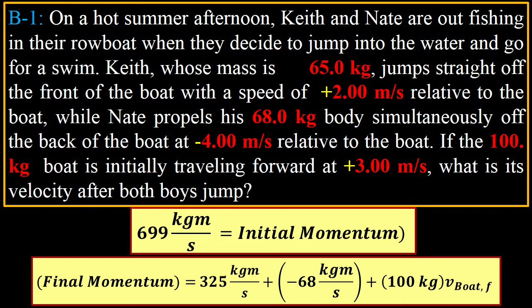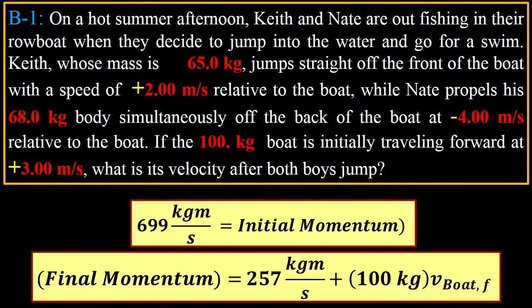And then ultimately we're going to equate the initial and the final sums. So now we have 257 plus 100 times V, and that's going to equal 699. Then we're going to subtract 257 from each side and divide through by 100. So see if that makes sense to you. Take that slide, put it on pause, and study that. And then let's go to the next slide.